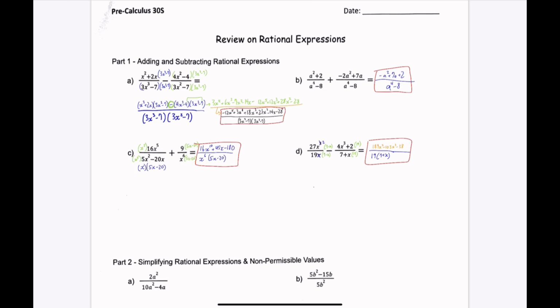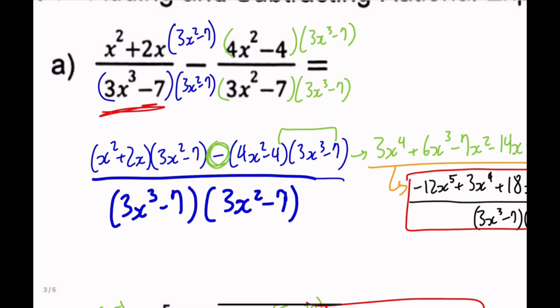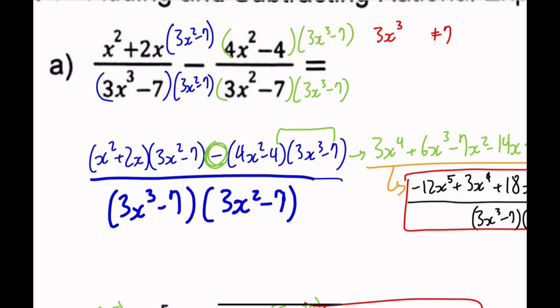Now, for each of these things, we have some restrictions, right? I forgot to talk about them. For this one, these two denominators can't be 0. So we're going to have 3x cubed minus 7 is not 0. That means that 3x cubed cannot be equal to 7, right? Because if 3x cubed equals 7, then this whole thing is going to be 0.